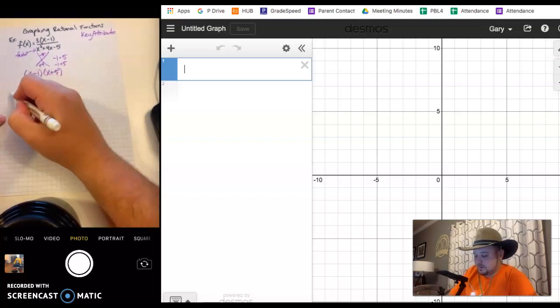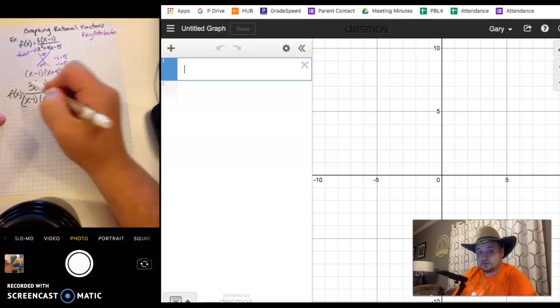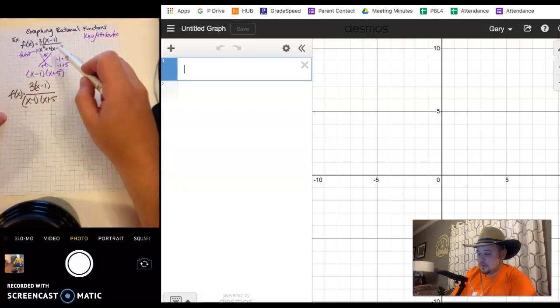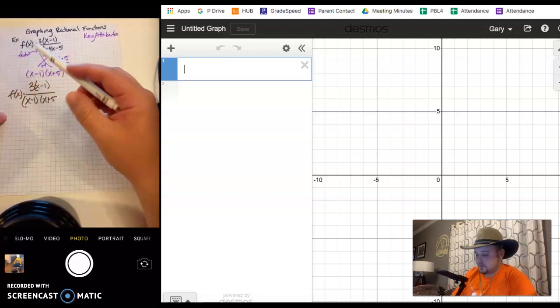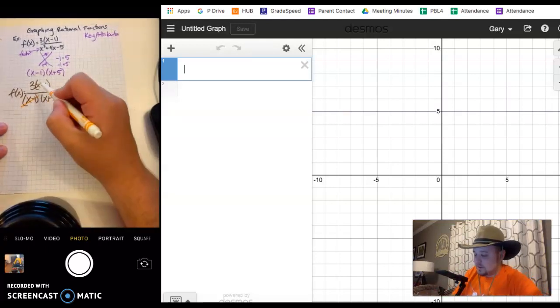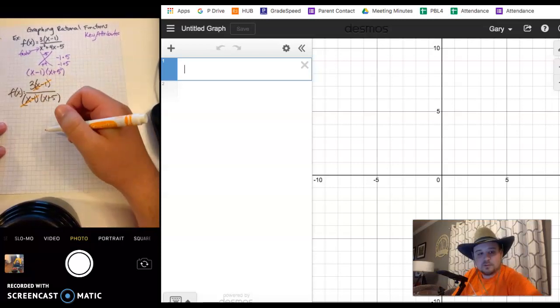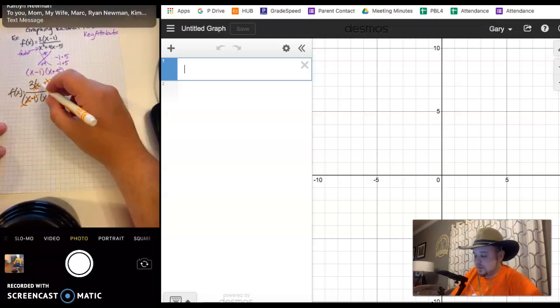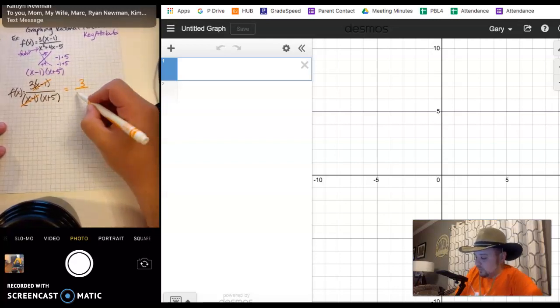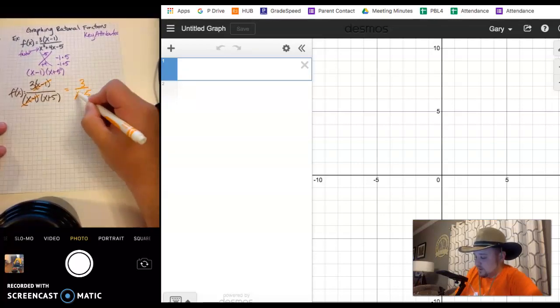I will show that step all together. We've got 3 times x minus 1, that's our original numerator. Our factored denominator looks like this, x minus 1 times x plus 5. So we have a nice thing that we can get rid of here. Now our function is equal to 3 over x plus 5.